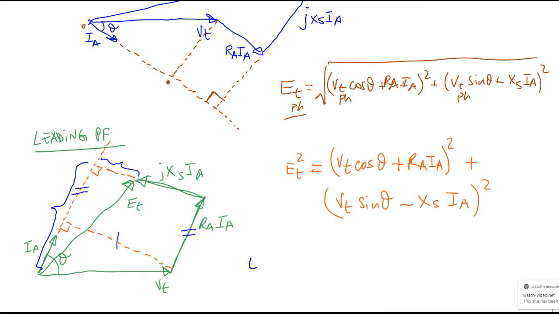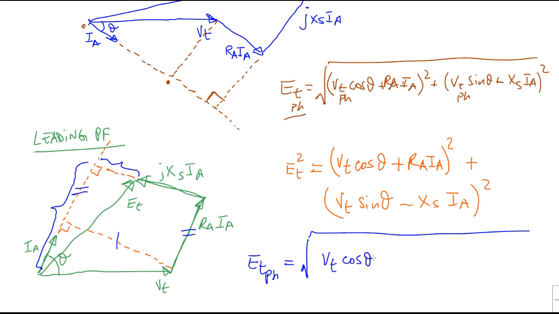So the final equation per phase, for leading power factor, ET equals the square root of VT cosine theta plus RA IA, squared, plus VT sine theta minus XS IA, squared.